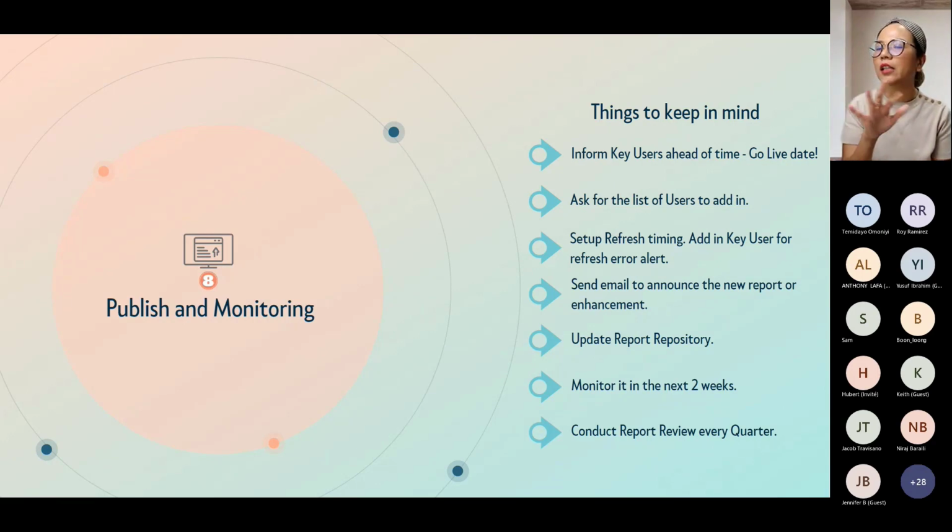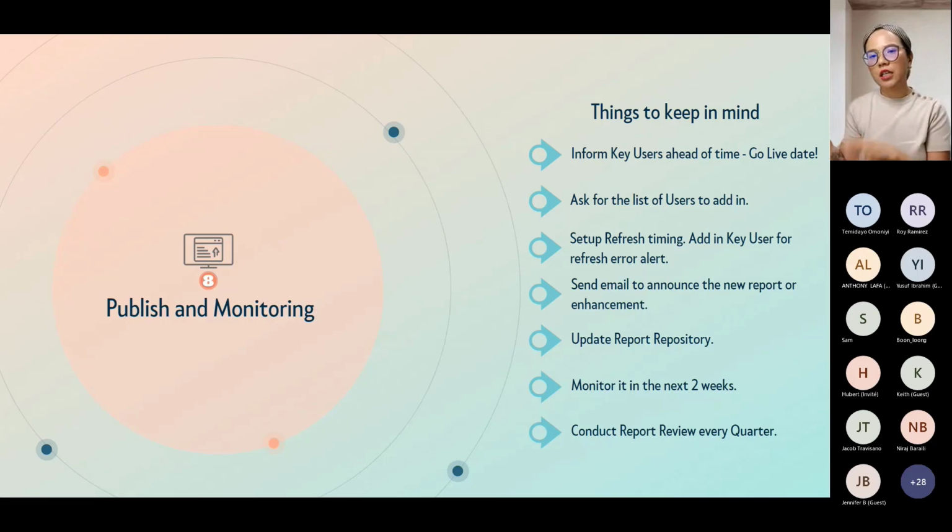One thing that for me is essential is that the report owner should be alerted if there's any problem with the report, and then they will seek assistance from us as well.